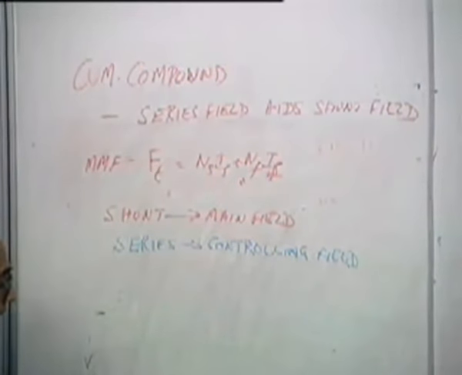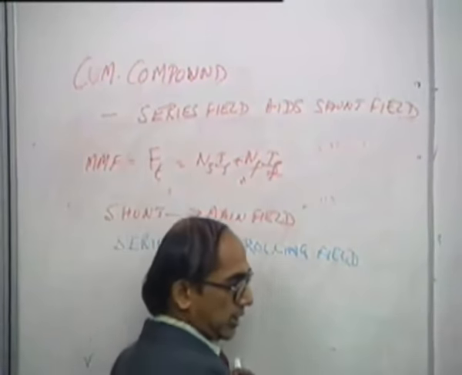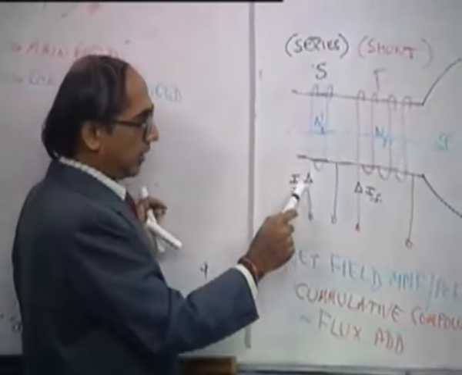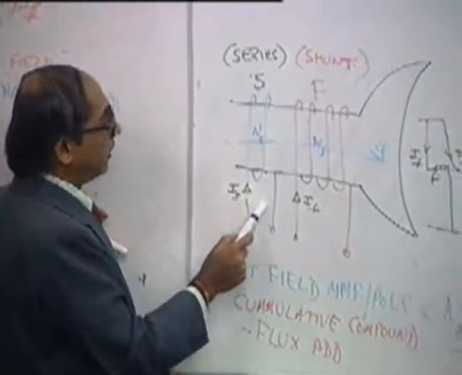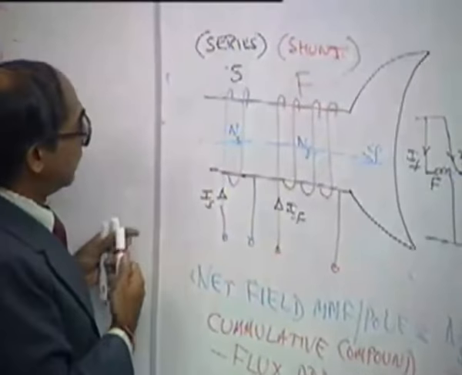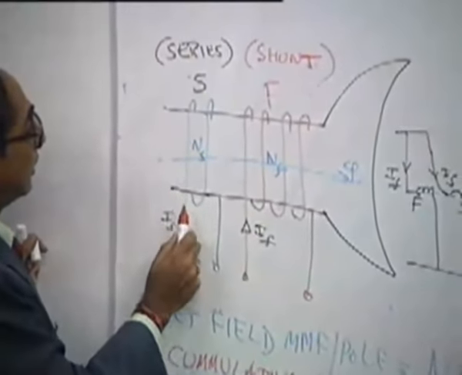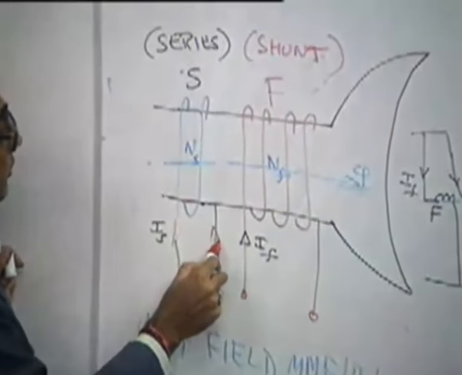Okay. Now there is the other way round. In case you change the direction of the series field, instead of here, if you inject it from here, so the current is going from here.